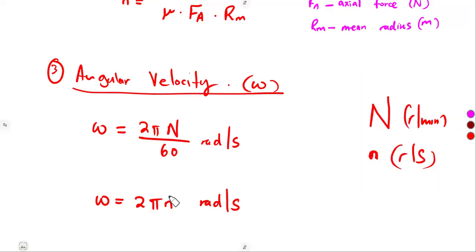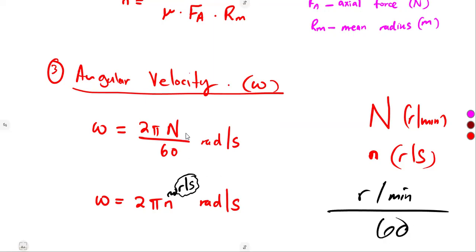Remember, the 60 there is to remove the per minute, as you see, revs per minute. Why divide by 60? It is to remove that so that our answer has per second. That is the purpose of this 60. So it is used when the speed is in revs per minute, and this one is used when you have the revs per second.